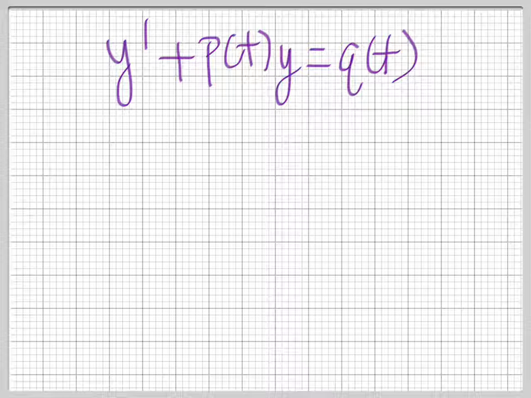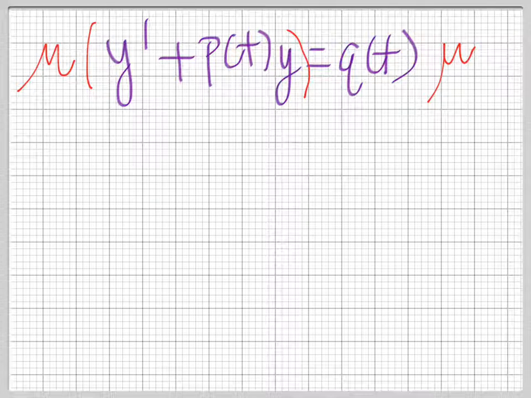Now let's look at the general form of a linear differential equation, y prime plus p of t y equals q of t. Our goal is to solve this equation.